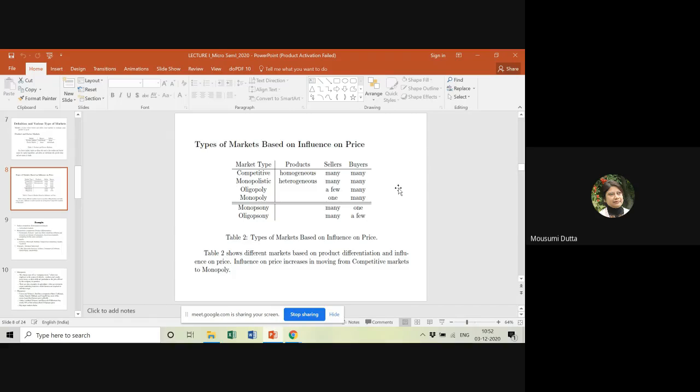Sometimes there are real differences too, like differences in chemical composition. If you look at the market for wristwatches, detergents, body soaps, all these are examples of monopolistic competition. Different brands are telling us that their product is different from others. So there is product differentiation.